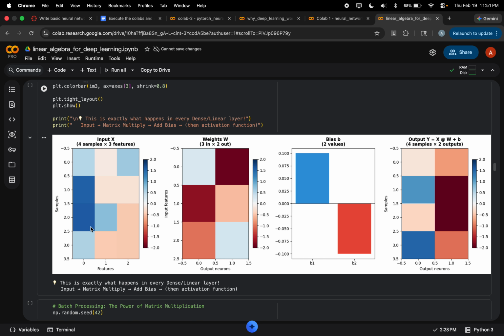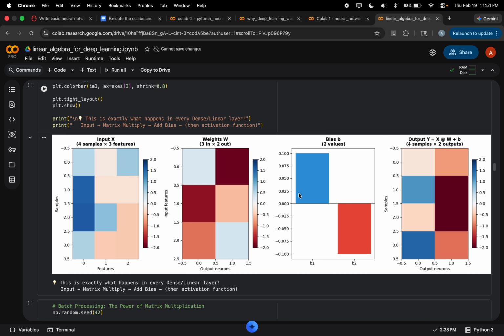So this is the input vector, and this is the weights. These two will get matrix multiplied. As I mentioned earlier, the columns and these rows should always match for a matrix multiplication, and the output will always be 4 cross 2, like row into column.